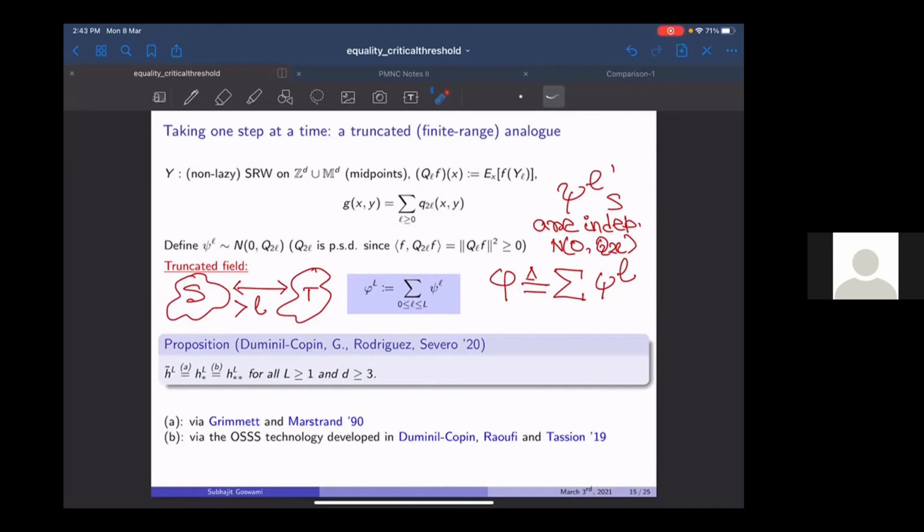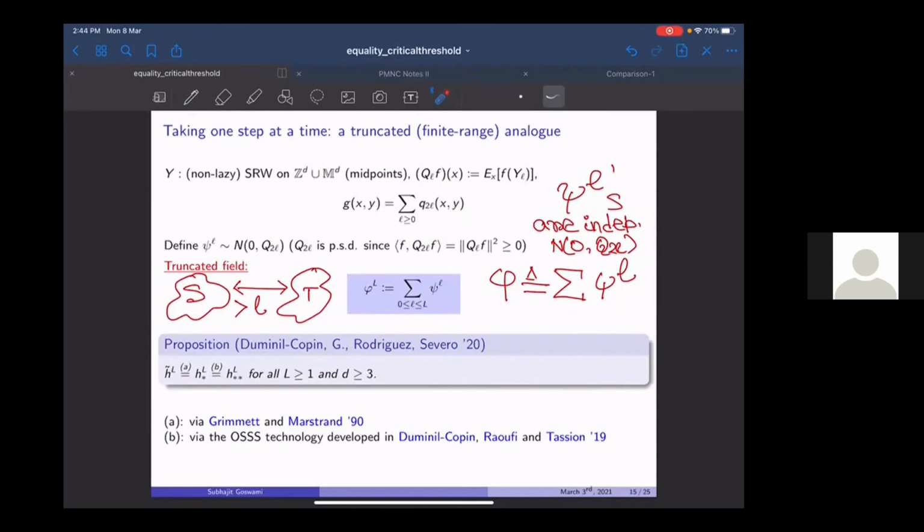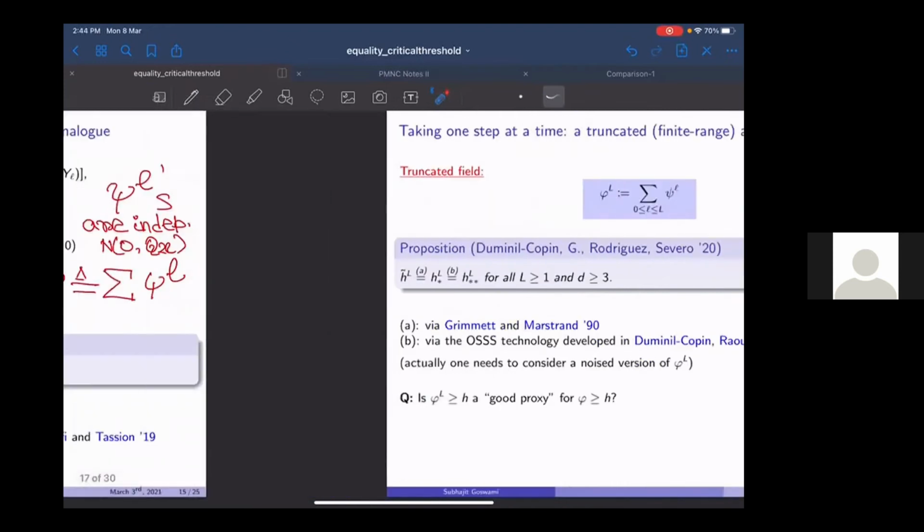As you can see, their techniques have found application in many other models. For our models, however, it turns out that this is not the correct differential inequality, so you cannot use OSSS to obtain that. But for these finite range models, you can adopt their technology to arrive at some form of inequality like this.